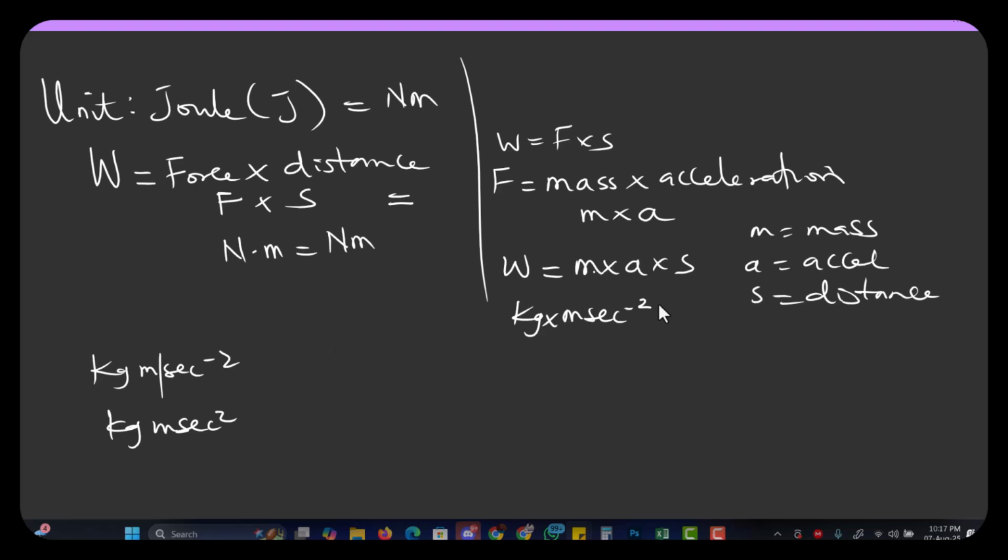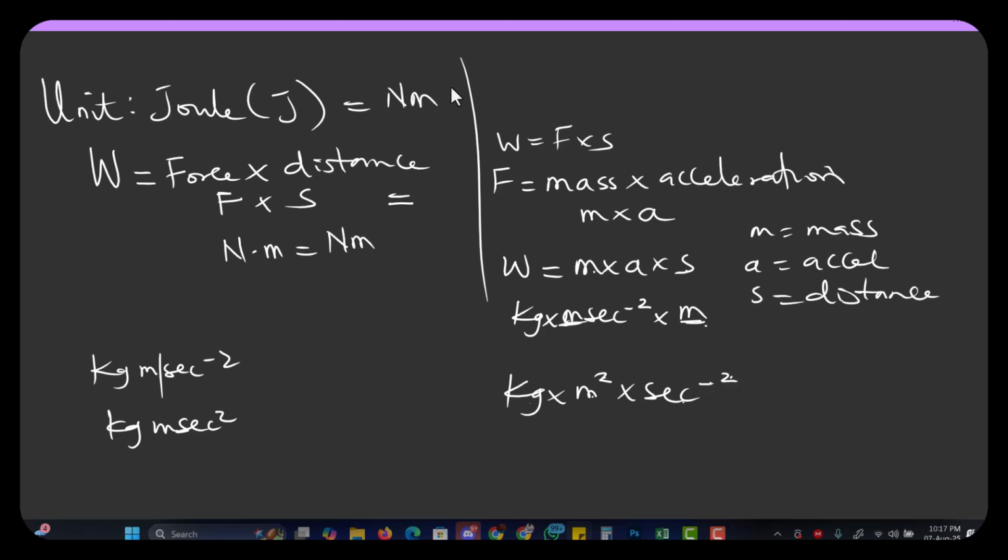So let's proceed. I'll just say times the unit of distance, which is what now? Meter. By the time you combine this together, I'll just say kilogram times meter. I have meter here and I also have meter here, so meter times meter will give me meter squared times second squared. So this is going to be kilogram meter squared, and because of this minus, per second squared.